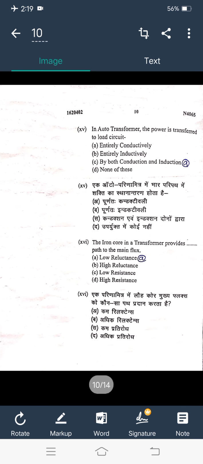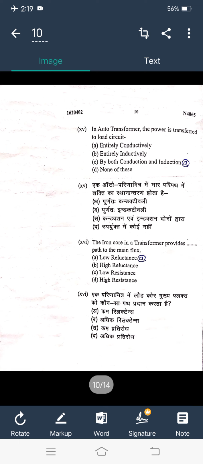Question number 15. In an auto transformer the power is transferred to the load circuit by both conduction and induction. The right answer is option C, because in an auto transformer a single winding is present, that means half portion is considered as primary and another half portion as secondary.